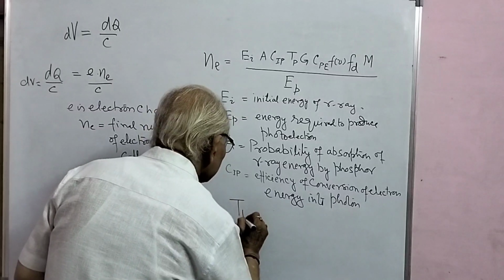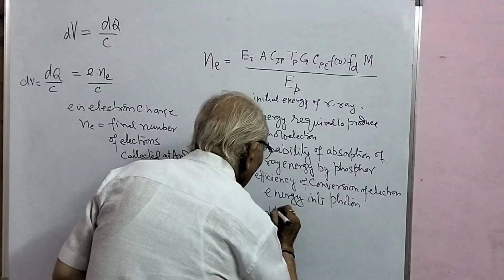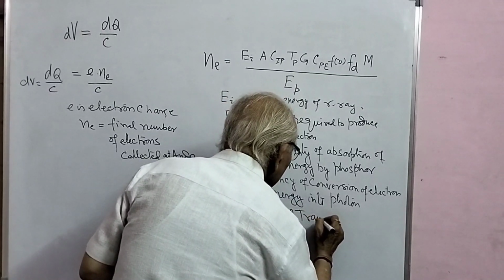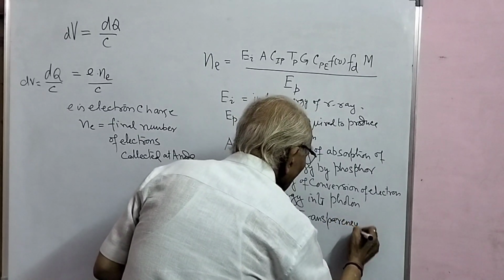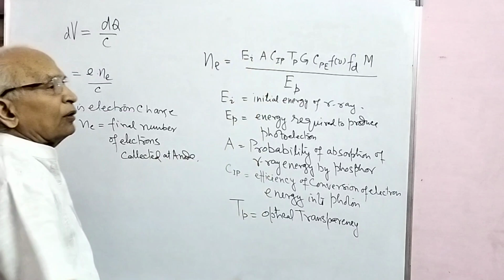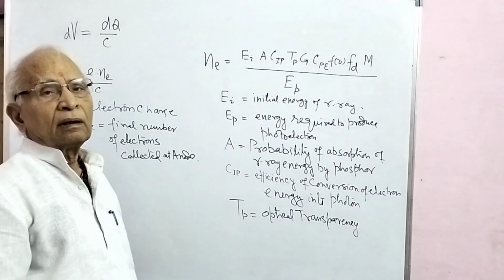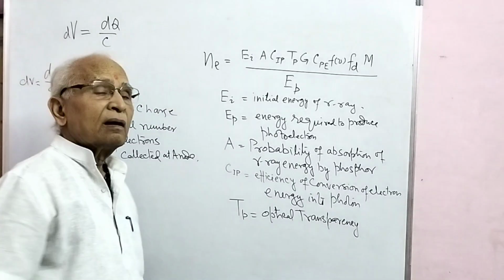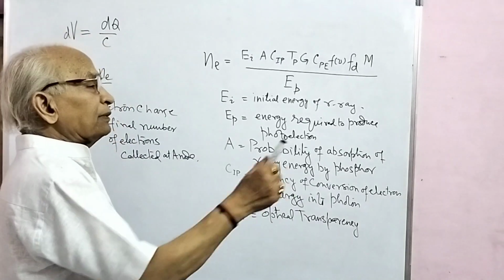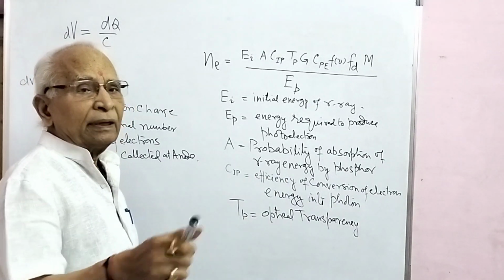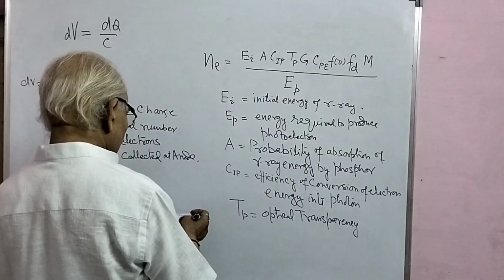TP is the optical transparency. What is the transparency of the light scintillations at the photomultiplier-crystal junction? It can be 1, or 0.9, 0.95 or 0.8, whatever, depending on how much light is lost at the coupling. So TP is the optical transparency, how much light is transferred.